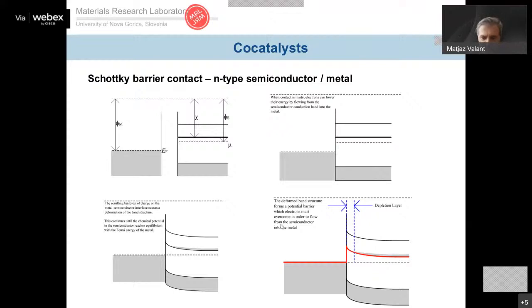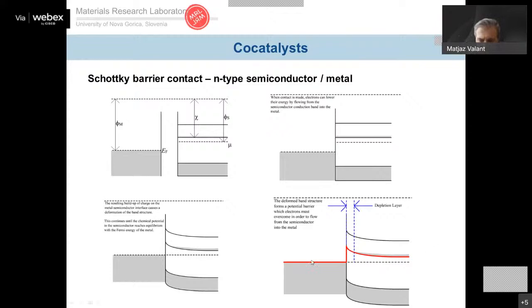So we get a depletion layer where we lack some electrons or electron holes, but more importantly, we get this jump here in the Fermi level. So it means the electrons can travel in one direction, but they cannot in the other direction. And the holes, quite the opposite, travel in the opposite direction, but are forbidden to travel in the initial direction.